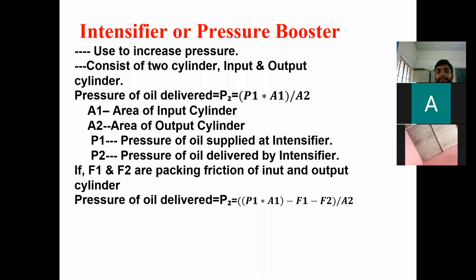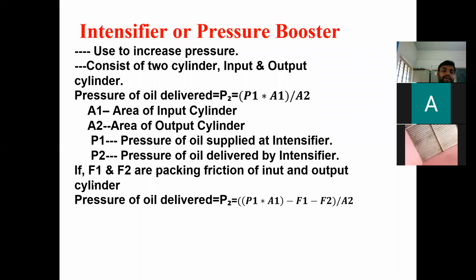And P2 is the pressure of oil delivered by the intensifier. So the formula becomes P2 is equal to P1 into A1 upon A2, where P1, P2 are the input and output pressure of the intensifier, and A1 and A2 are the areas of the input and output cylinder.